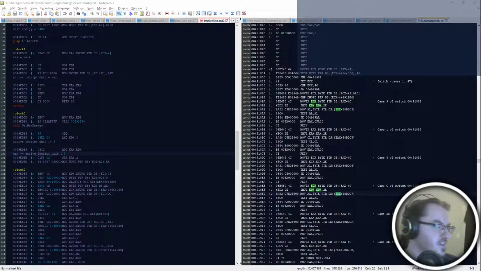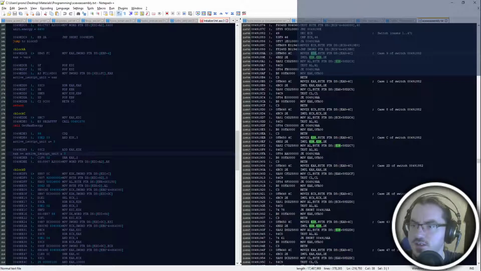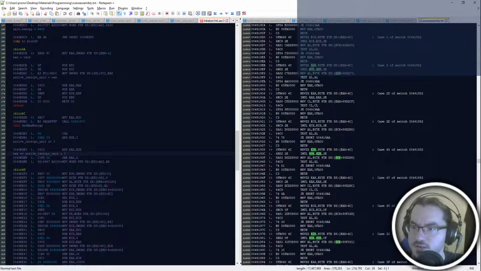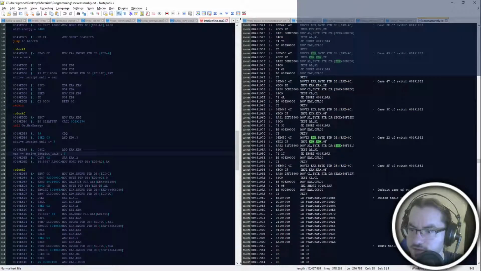Now 4C is player ID. So EDX is overwritten with the value of player ID here, and then you're multiplying it to get an array, I guess, or something. I don't know what's going on over there, but EDX just keeps getting set to player ID over and over again.